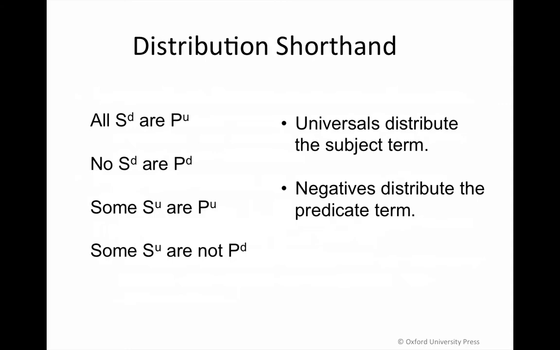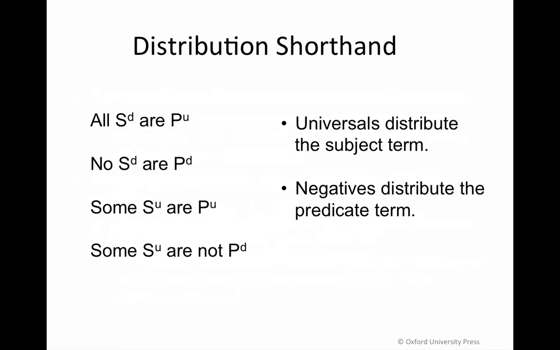Here's some shorthand that you might want to have handy as you're working through inferences, not just in chapter 5, but also later on in chapter 6. I find that having these distribution shorthands handy helps us understand what's distributed and what's not in terms of individual claims A, E, I, and O. So the superscript D tells us that the subject is distributed in the universal affirmative and the universal negative.